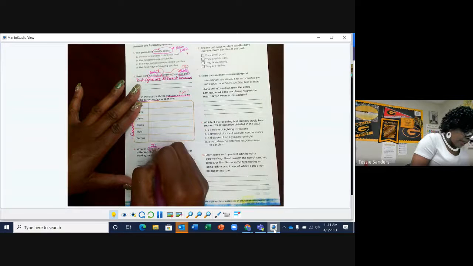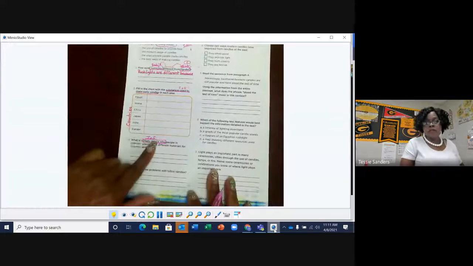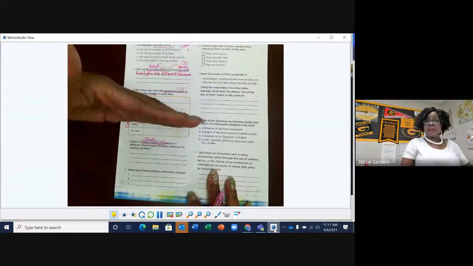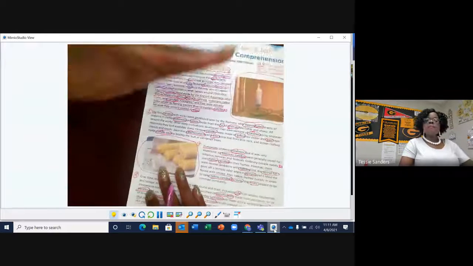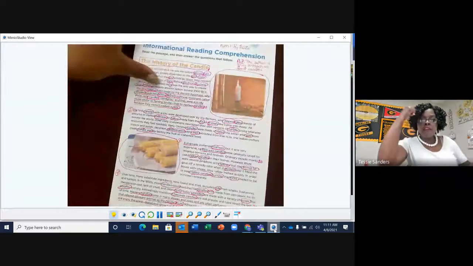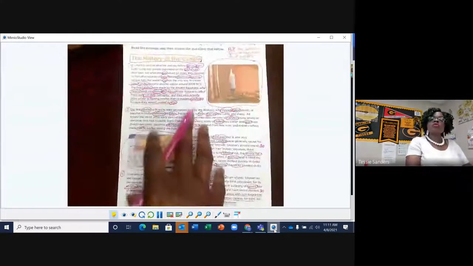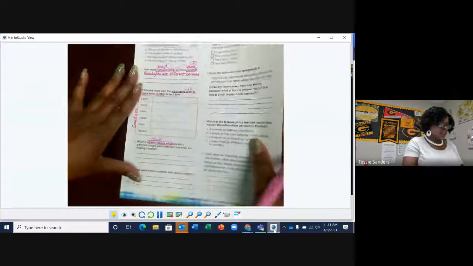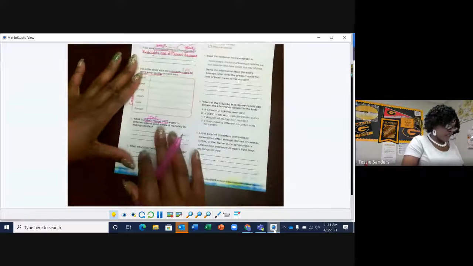Capital INF, period. Abbreviation for inference. An inference is a guess based upon the information given from the text. We have to think, use our mind, go back into the story, and logically pull information about this inference.